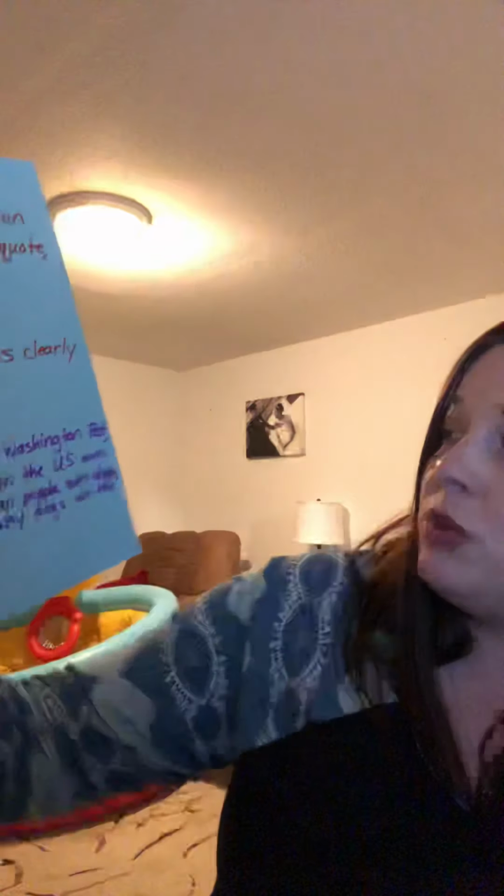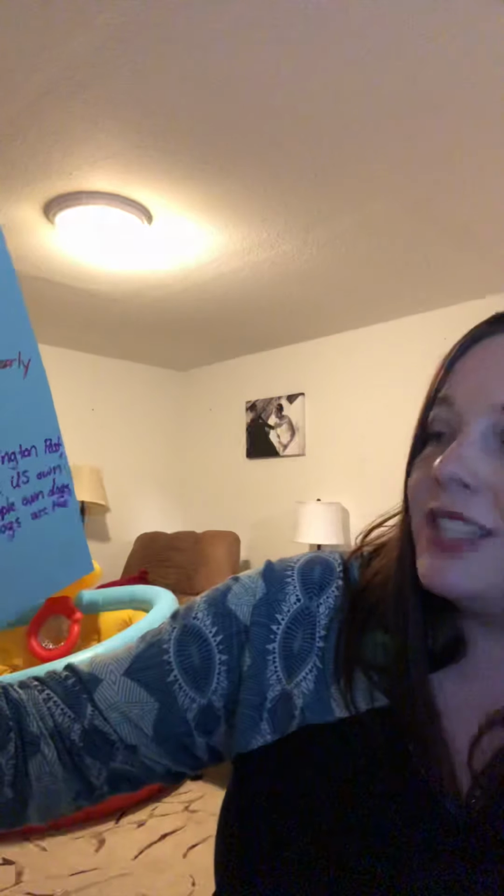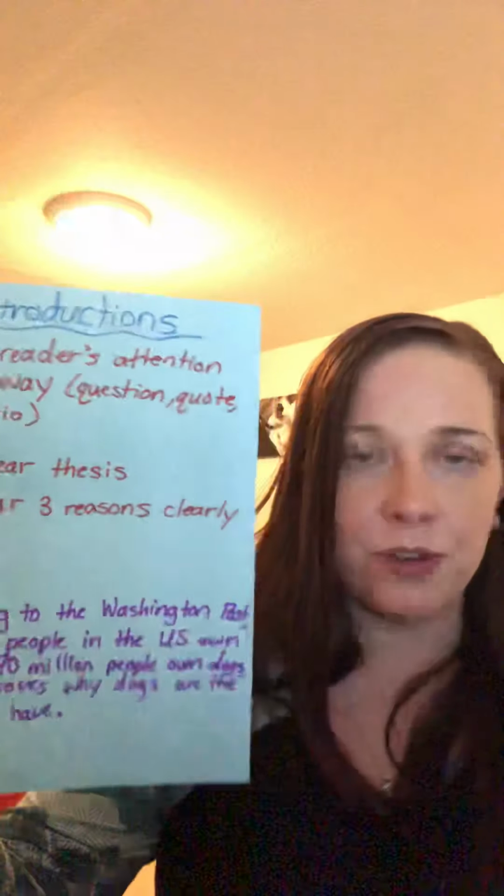So it says, according to the Washington Post, 90 million people in the United States own dogs. If 90 million people own dogs, then that proves why dogs are the best pets to have. And again, I know that is 2 sentences, and you just told me I had to have 3 to 5. I'm not going to write an entire essay to show you, but I did want to show you an example of how to catch the reader's attention.